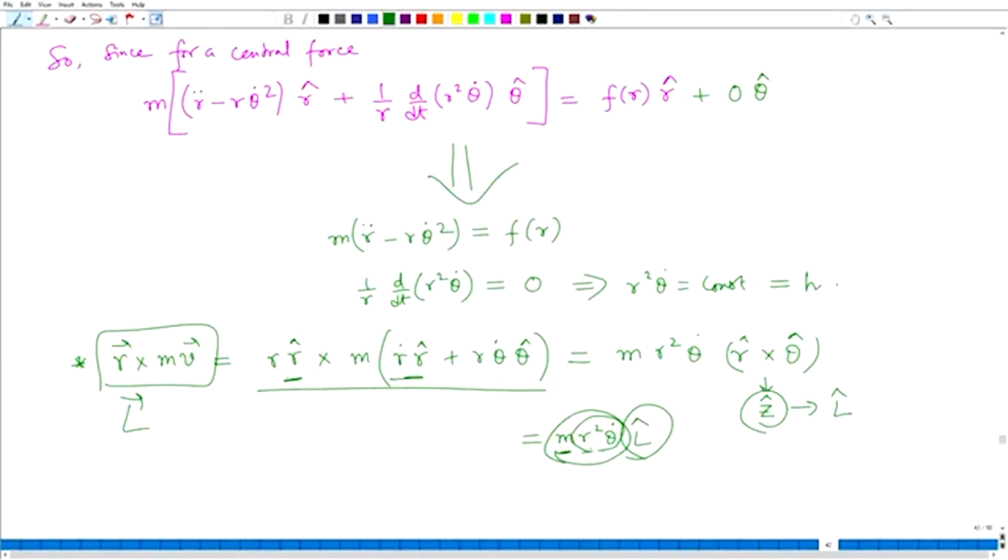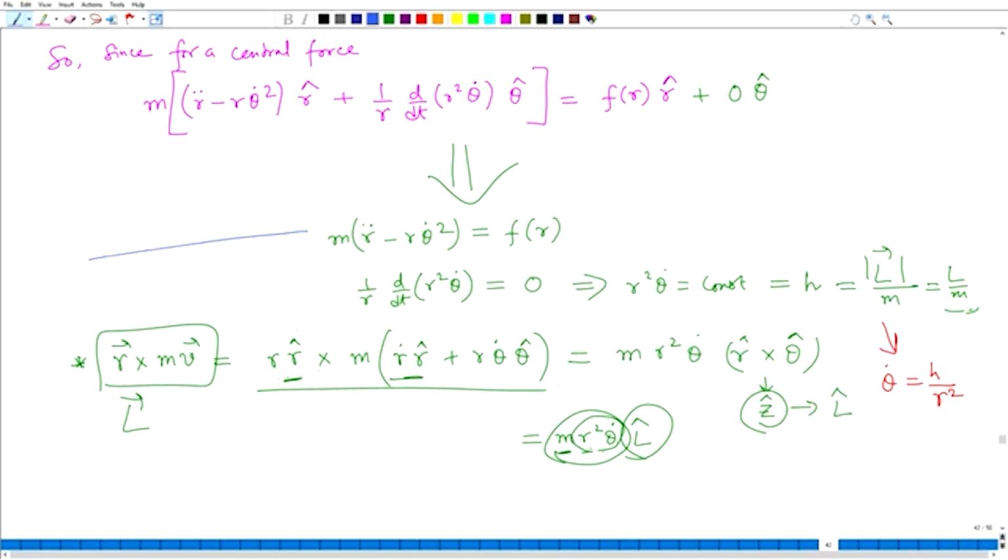Okay. Now, what is the biggest conclusion and the surprise from this? If this r square theta dot is a constant, what you call now h, I can actually call that modulus of L by m, or simply L by m, which is the angular momentum per unit mass. If you write like this, then how can you write theta dot? You can write theta dot also in terms of the constant h and r square. And why is this very good news for us?